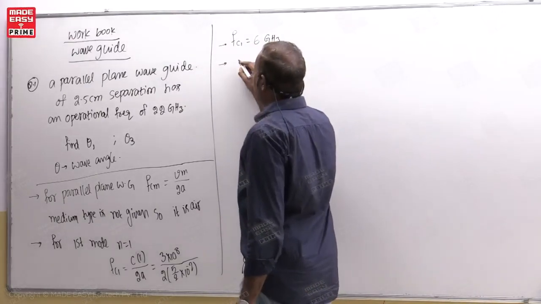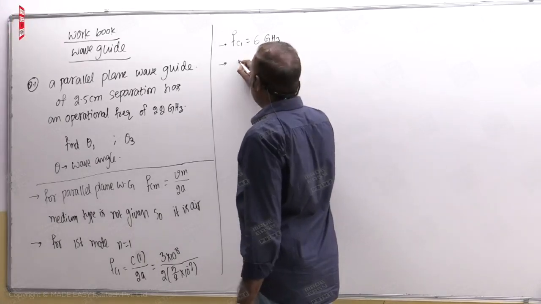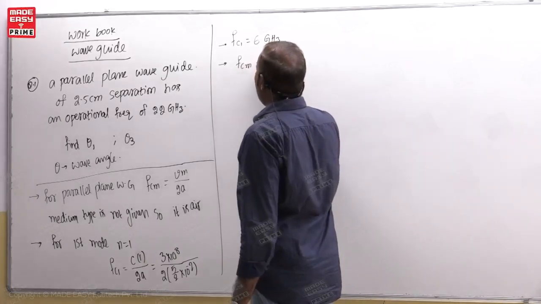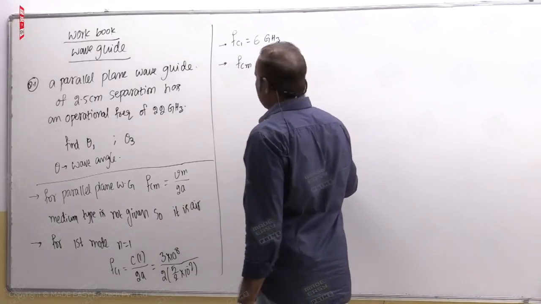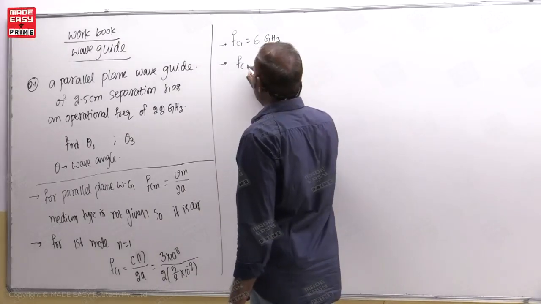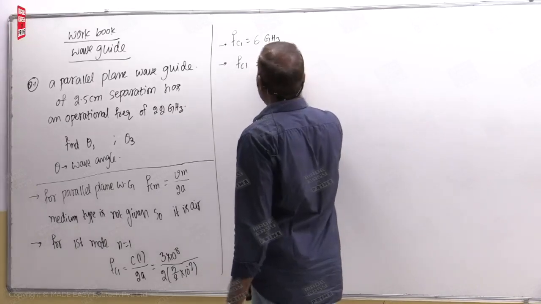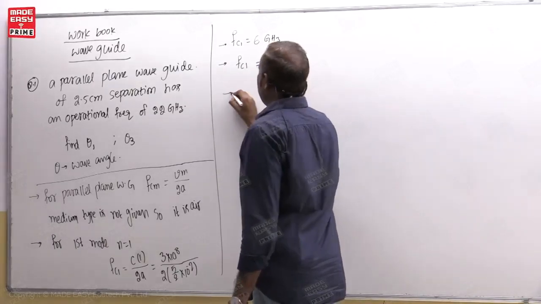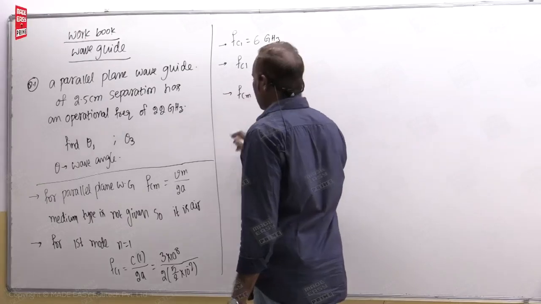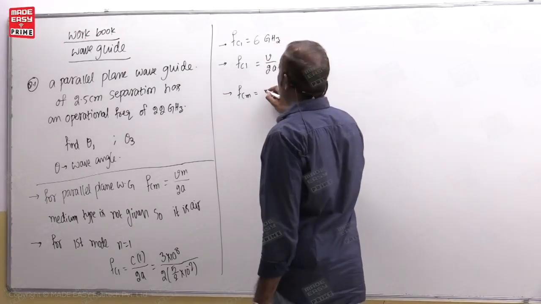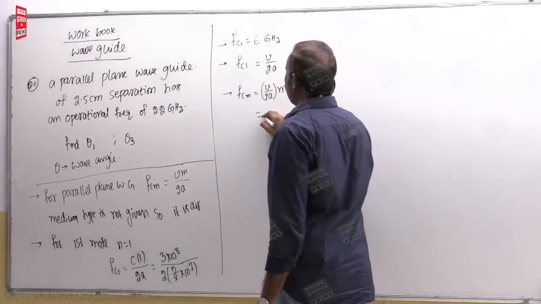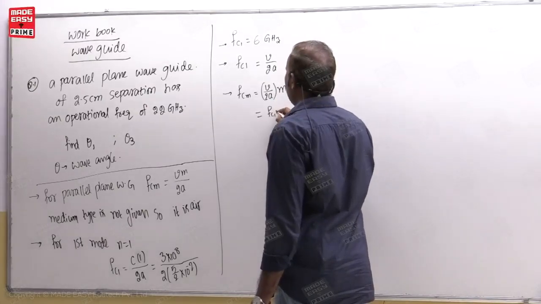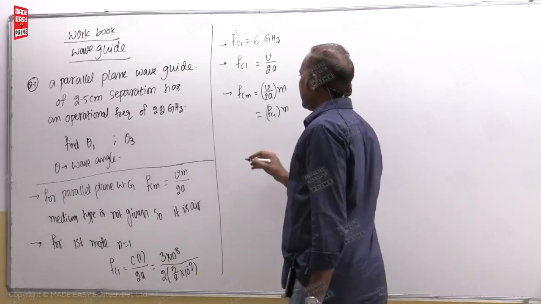Similarly, here you can write like this: FCM is equal to VM by 2A. Actually, I will do one thing. FC1 is equal to V by 2A. Then FCM is equal to V by 2A into M. That is nothing but FC1 into M. Right.